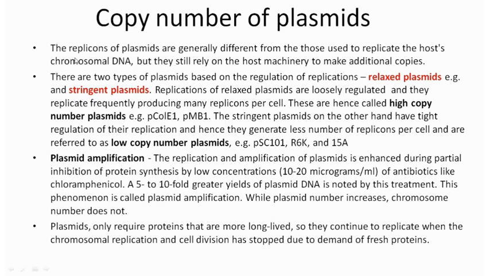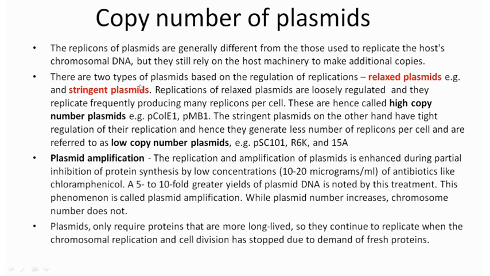Let's see that. A plasmid is also a replicon because it contains a single origin of replication and a single terminal site, so it is a single replication unit. The replicons of plasmids are generally different from those used to replicate the host's chromosomal DNA, but they still rely on the host's machinery to make additional copies.